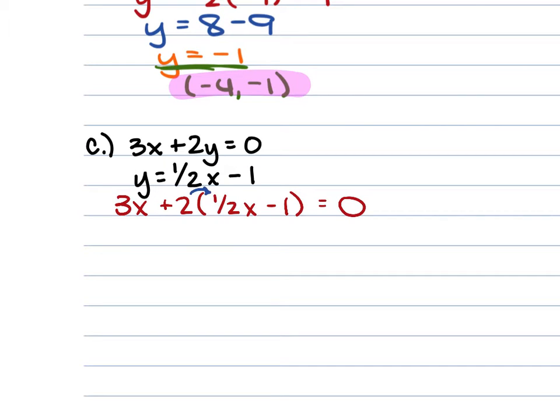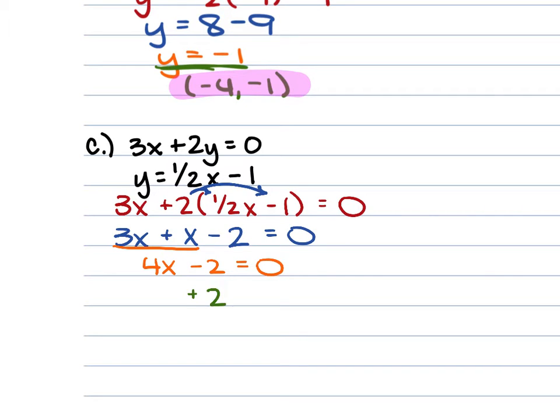I'm going to distribute in this 2 to give myself 3x plus 2 times 1/2 x is just x minus 2 times 1 is negative 2. I'm going to combine my like terms. The 3x plus 1x is 4x minus 2 is equal to 0.